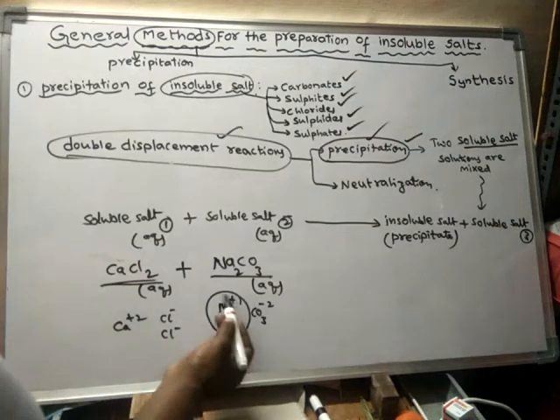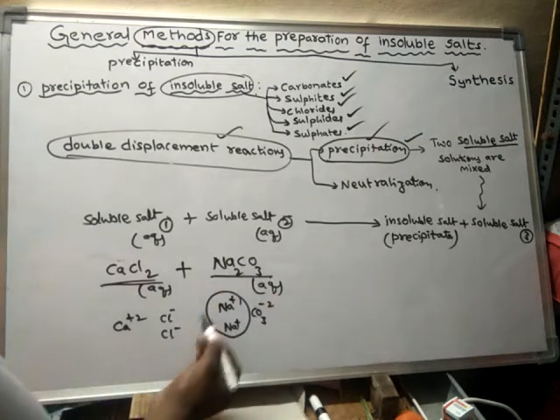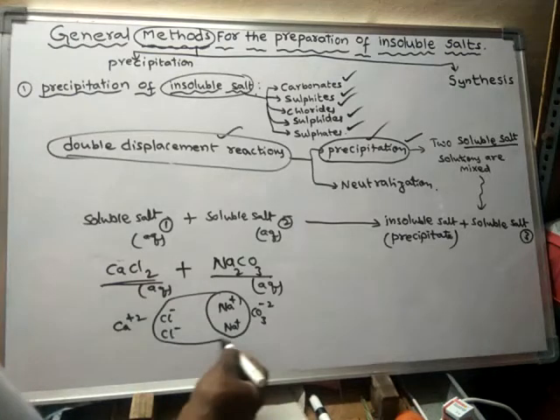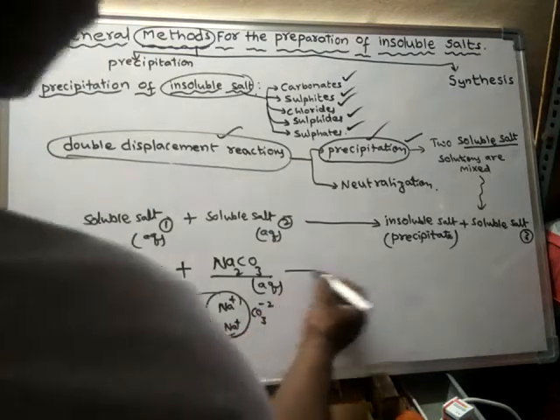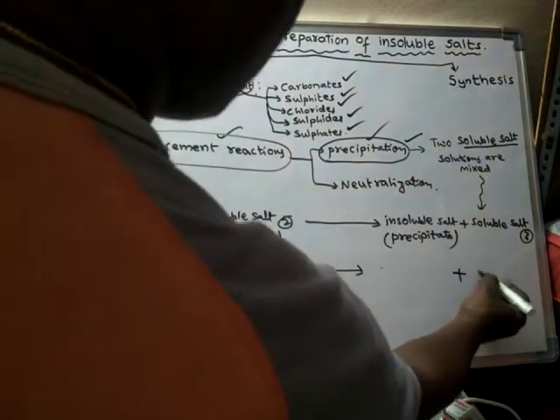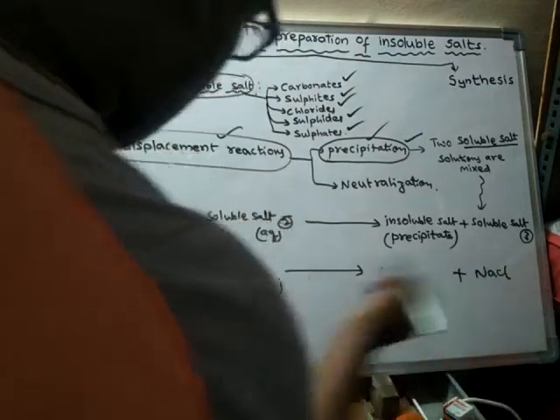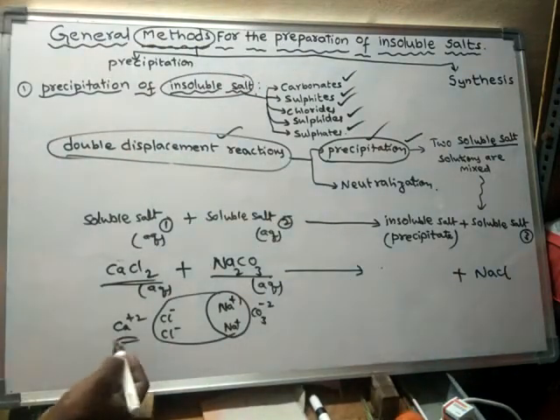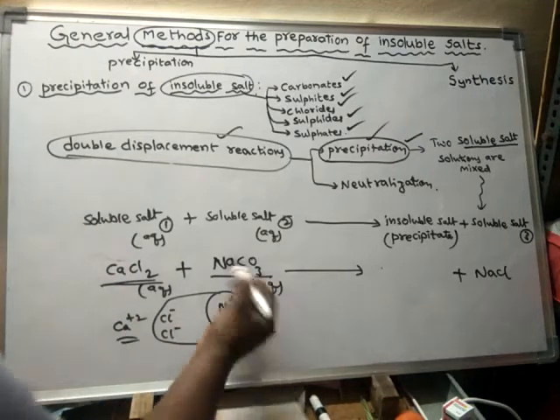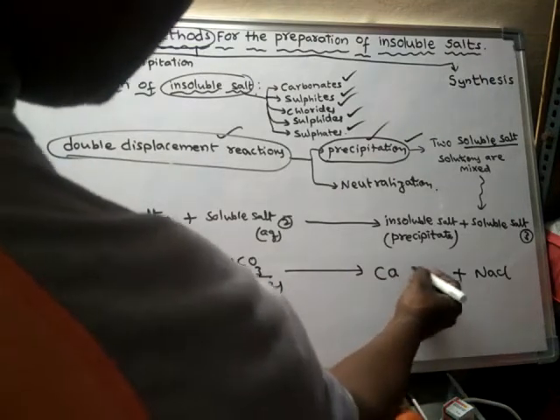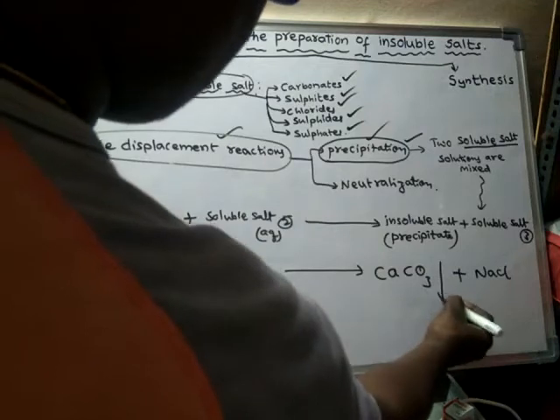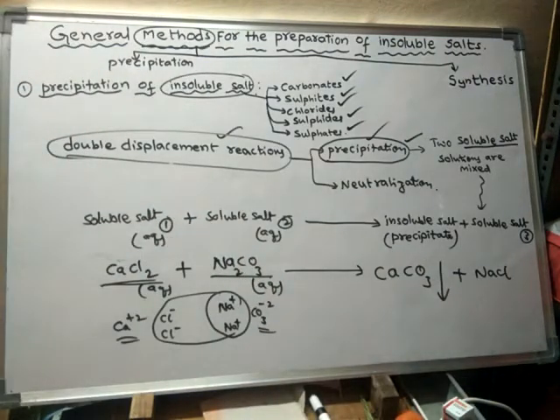Sodium ions from this salt combine with the chloride ions to form sodium chloride. And what is left over? Calcium from this salt and carbonate from that salt combine to form the insoluble salt known as the precipitate.